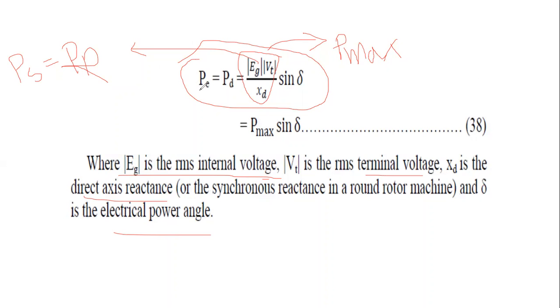For a loss-free transmission line, the sending end power is equal to the receiving end power. Therefore Pe is equal to Pd, which is equal to Eg Vt by Xd into sin delta.